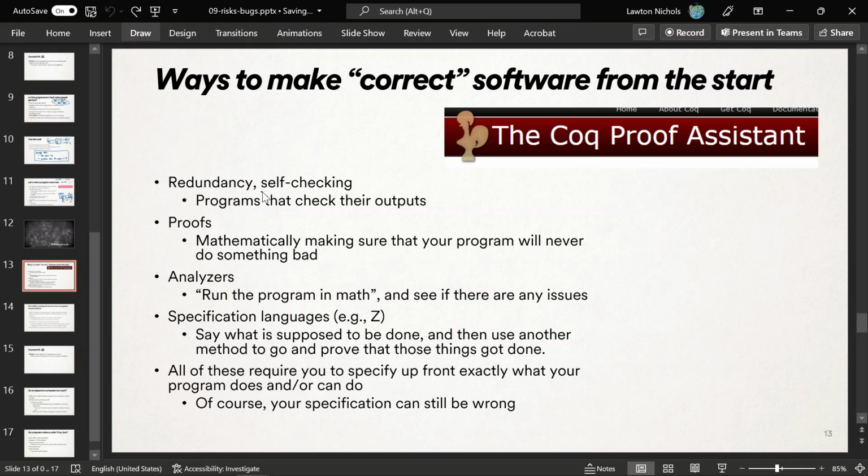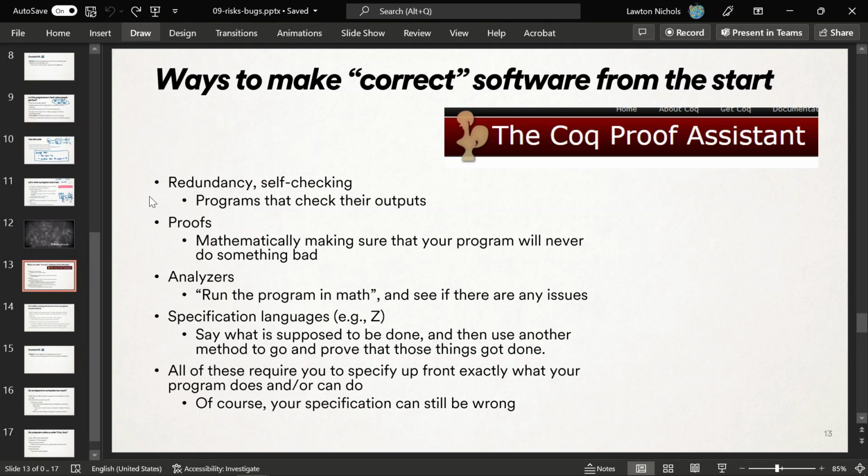They're checking each other. You can also write programs that check themselves. Hey, did this output lie in the correct range of what the output should be? If it didn't, maybe something's wrong. Okay, so that's programs that check their outputs. You can just add a little if statement. It's like a test in addition to the main program. That's something that you can do.